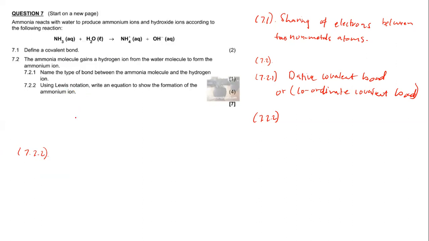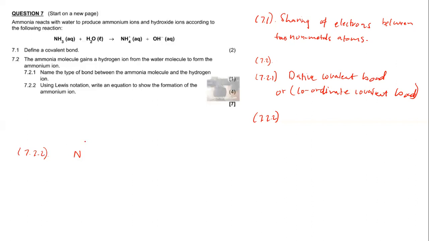So let us draw a Lewis structure for ammonia, okay? We know that ammonia has nitrogen at the center. This is the central atom. And therefore, what is the valence electron count for nitrogen? Meaning it's going to be surrounded by 1, 2, 3, 4, 5.